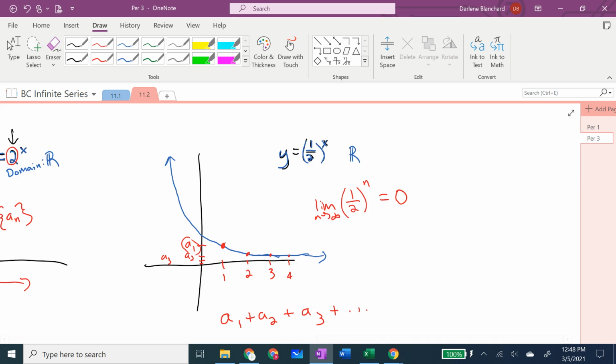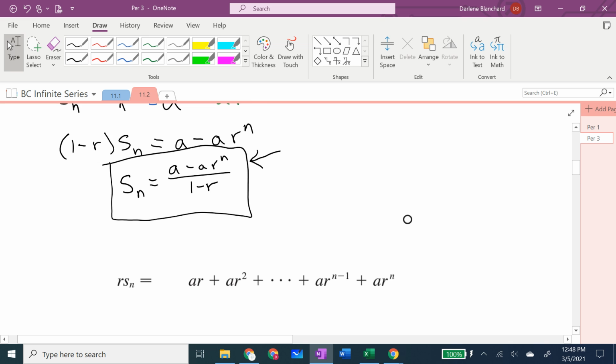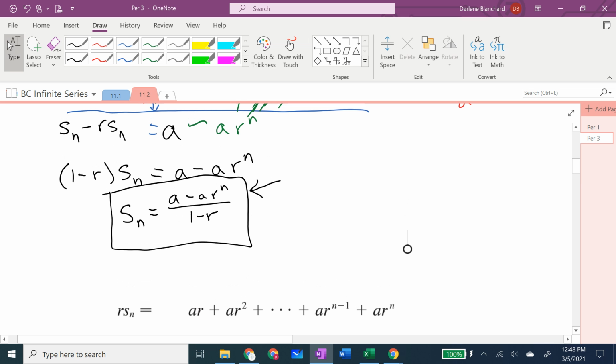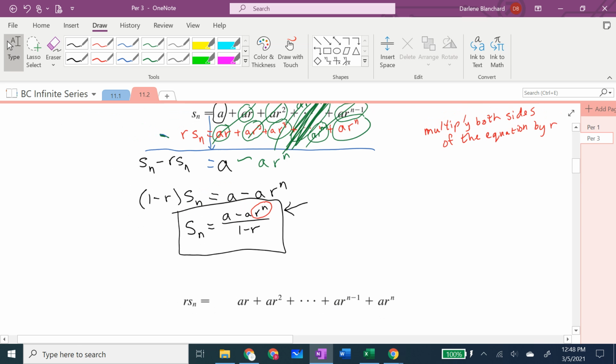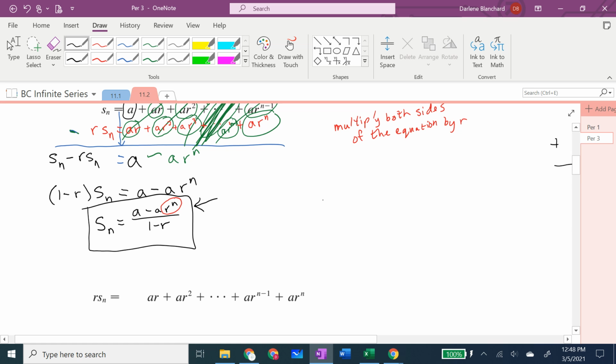That is certainly not dealing with the entire partial sum. So I'm going to take that back to the formula that we do have for the nth partial sum, if I can figure out where I put it. There it is. Here's r to the n. If I'm dealing with r being between 0 and 1, now I can't find where I wrote that, so I'll just write it again.